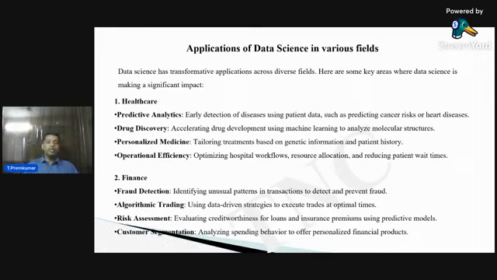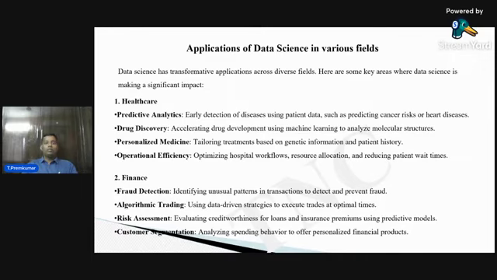Algorithmic trading uses data-driven strategies to execute trades at optimal times. In risk assessment, it evaluates creditworthiness for loans and insurance premiums using predictive models. The last one, customer segmentation, analyzes spending behavior to offer personalized financial products.